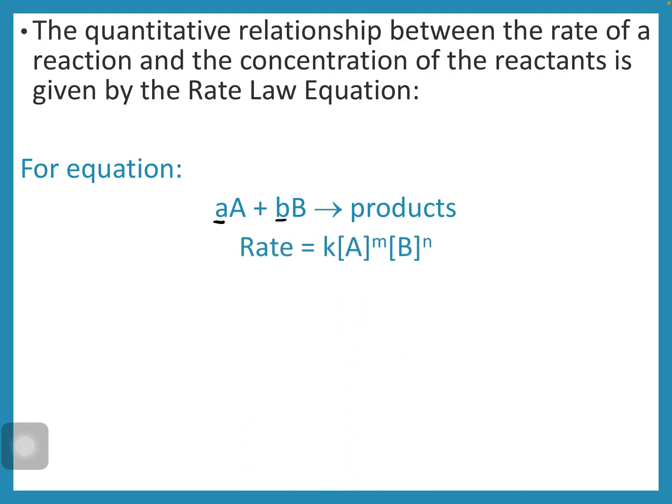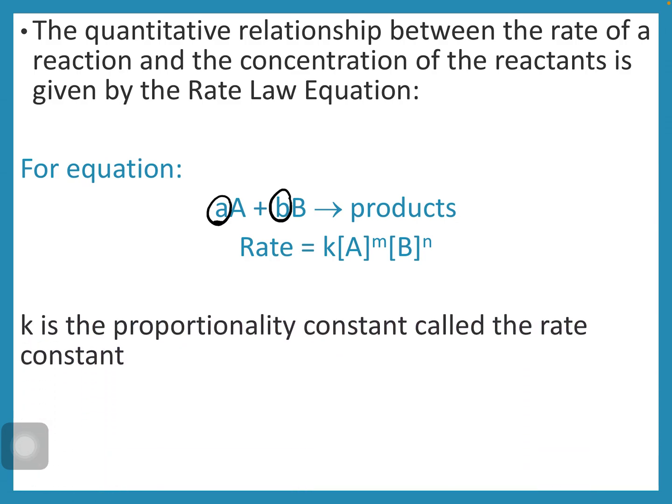So the rate is equal to some rate constant K times the concentration of reactant A to the exponent m times the concentration of reactant B to the exponent n. So you can see here that our stoichiometry, so how many moles I need of each reactant, does not come into play in a rate equation.